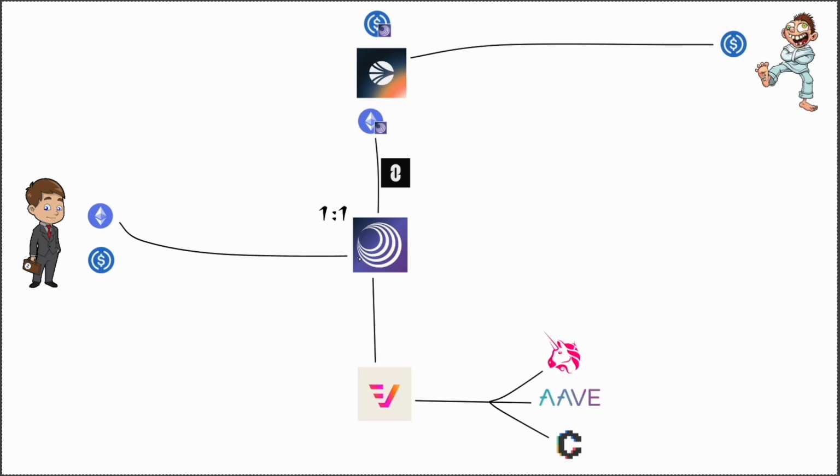Now, what happens with all these assets that are sitting on mainnet? Well, they are sent to the vaults by this company called Veda. Okay, so you'll have to look a little bit deeper into this protocol itself and find the risk factors of this, but know that your assets are sent to this yield farming vault, which sends your assets into these other protocols such as Uniswap, Aave, Convex, and such and such.